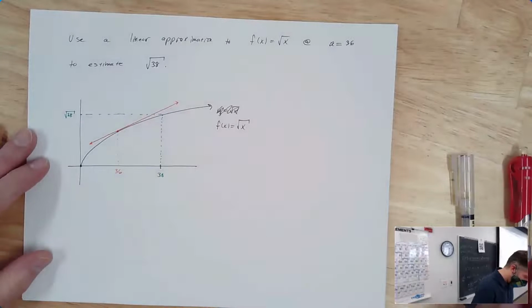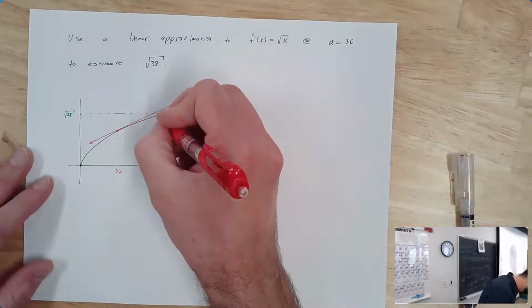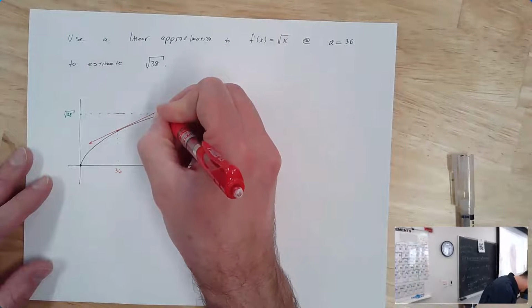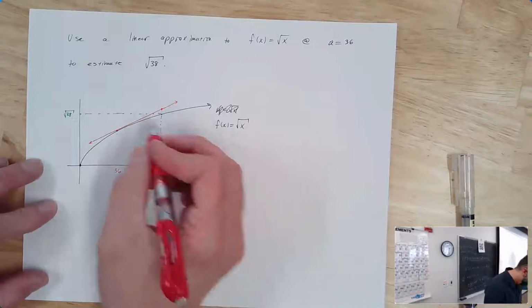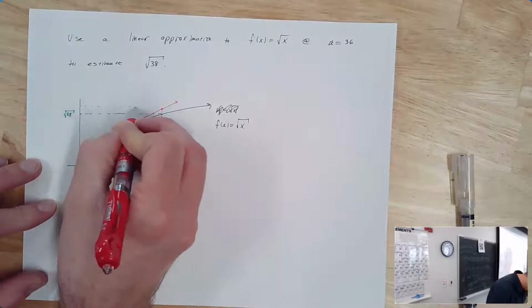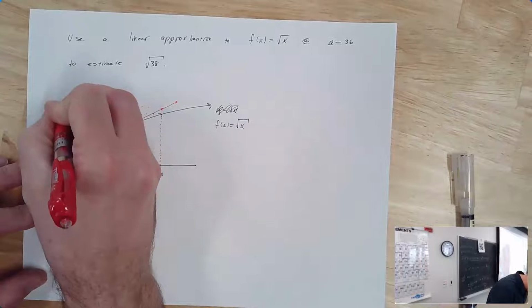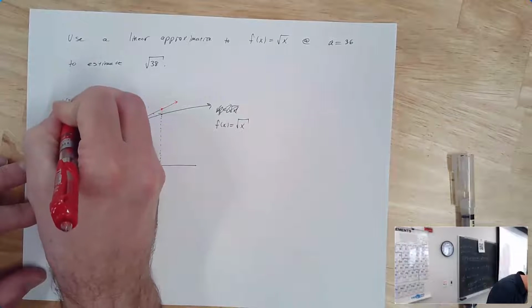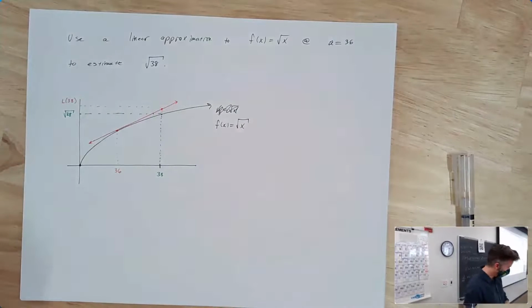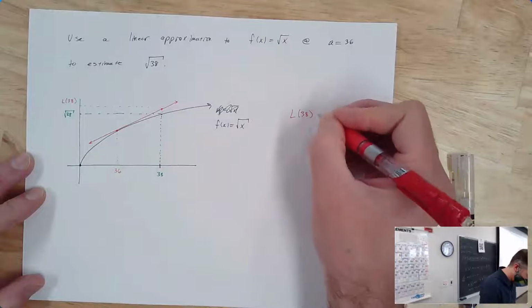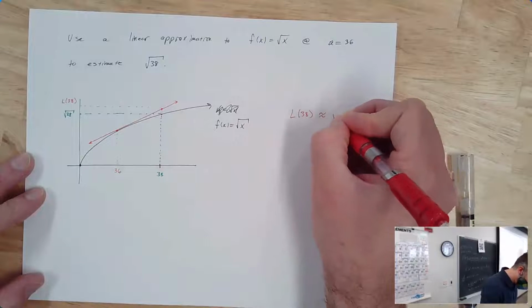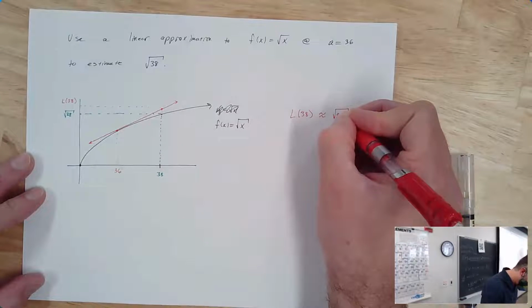Or you can go up a little bit further and plug 38 into this tangent line that we can easily find the equation of, and instead calculate what we call the linearization at 38. And we're going to say that that linearization, L of 38, is a good approximation of the square root of 38.